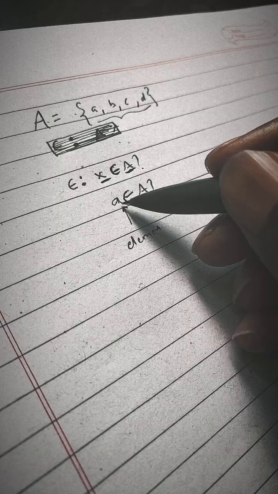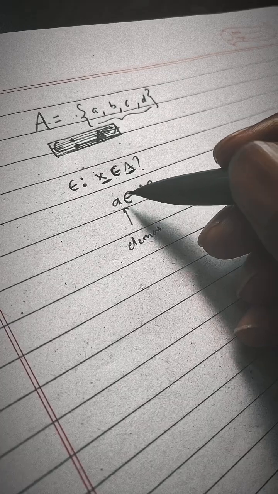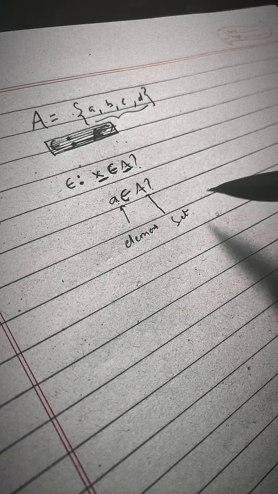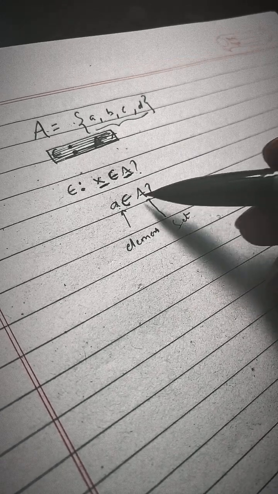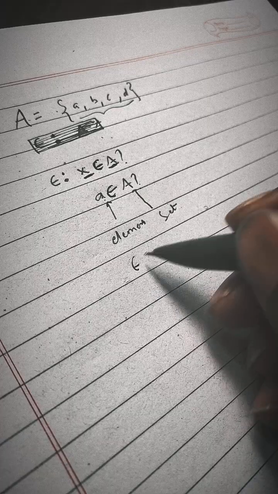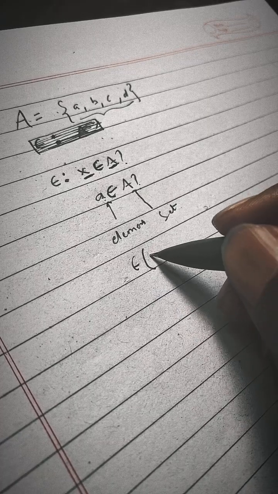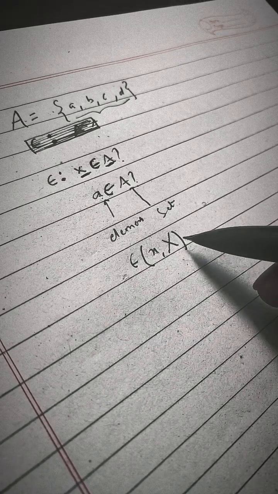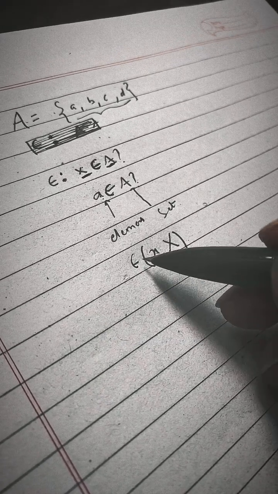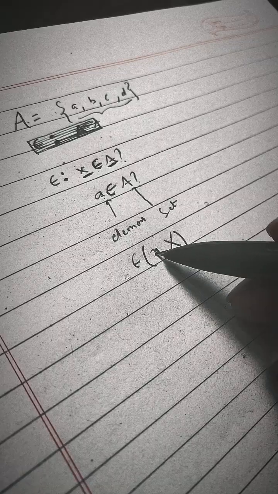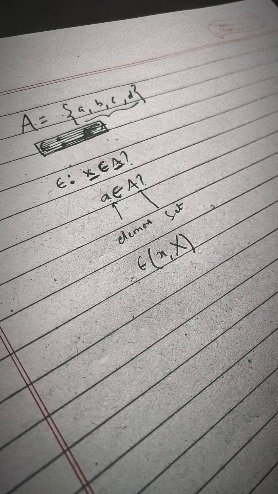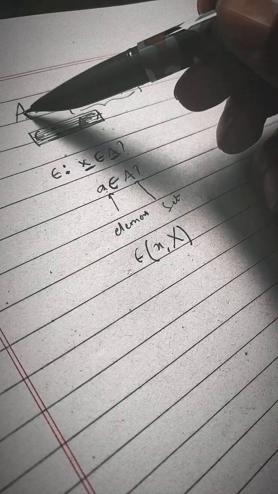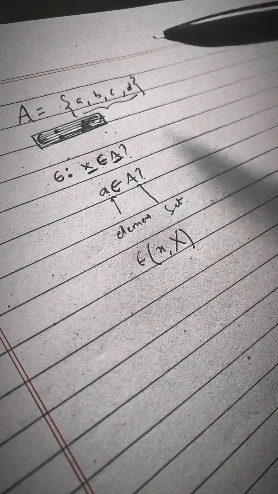First is always an element, remember this, it cannot be a set. And the second one is a set. So belongs to is a binary relation. It's going to take two things, x and X. x is an element and X is a set, and it's going to check if x belongs to X. So we only need these two things to have the whole set theory.